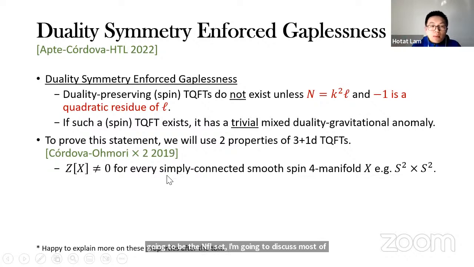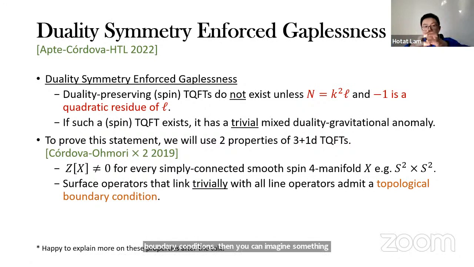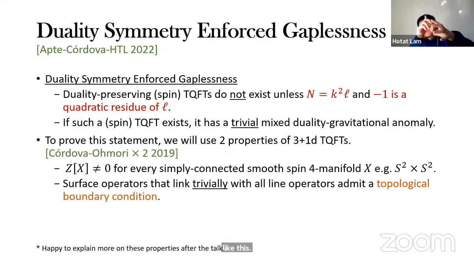Okay, so this is one property, and the second property is that a surface operator in a 3+1D TQFT that links trivially with all the line operators admits topological boundary conditions. This is a non-trivial statement, but the converse is actually a trivial statement. If a surface operator has a topological boundary condition, then you can imagine something like this. Suppose we are in 3+1 dimensions, then a surface operator can link with a line.